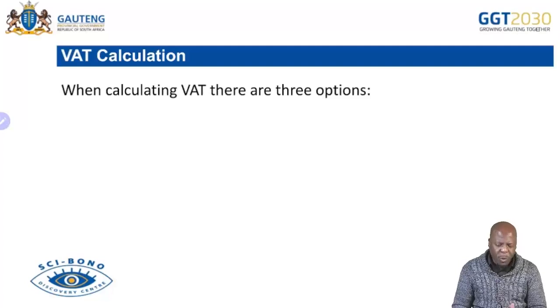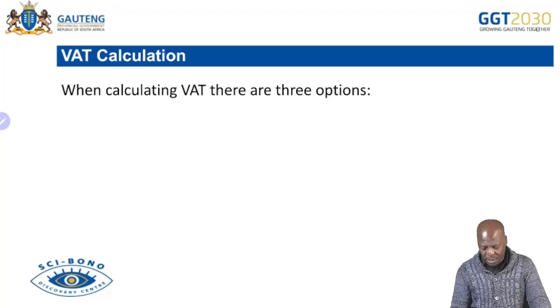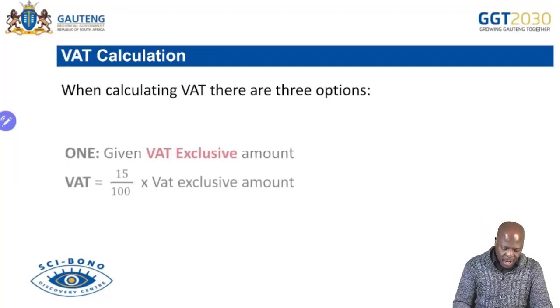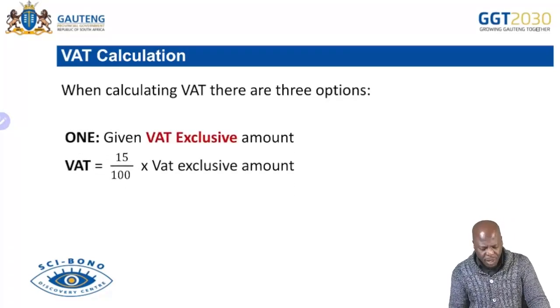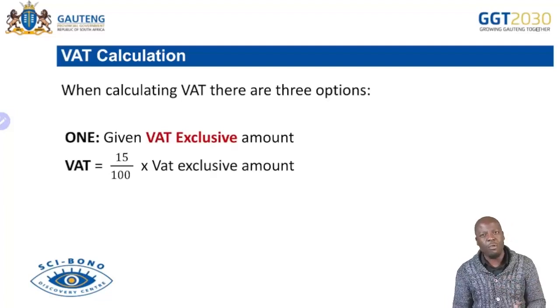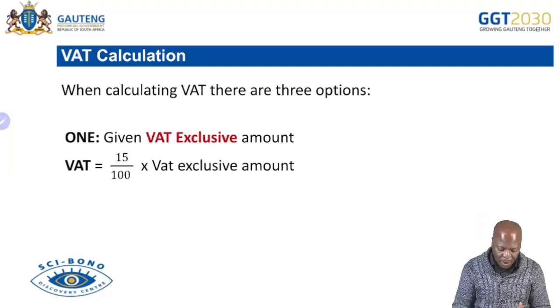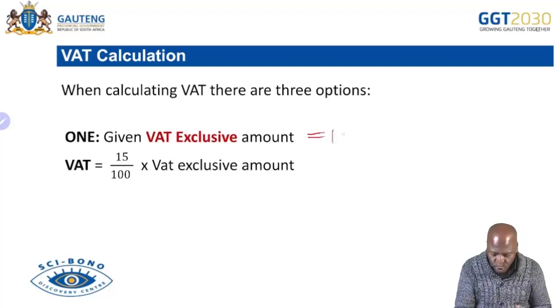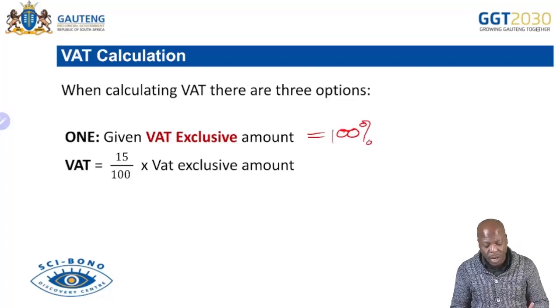Now, when we are calculating that, there are three options that are given. I want us to exploit these three options. Let's start. Option number one: when given the VAT exclusive amount, the amount that does not include VAT. Remember, the VAT exclusive amount is always your 100%. We saw that in the previous slide.